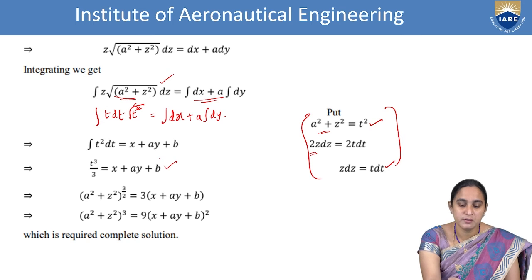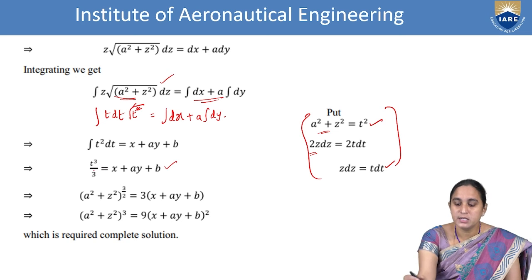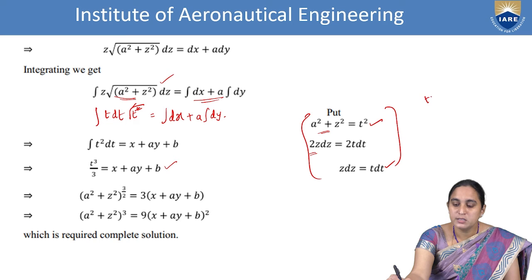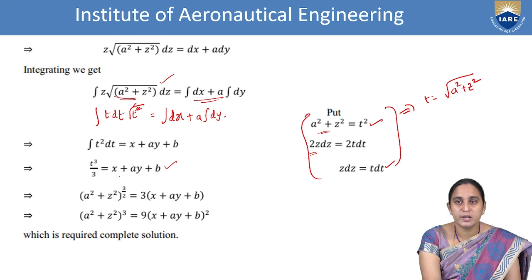But once you observe here on the LHS, I reduced that in terms of t. But what is t here? T is equal to root a square plus z square. Therefore, substitute in place of t: a square plus z square whole power 1 by 2, or root of a square plus z square.